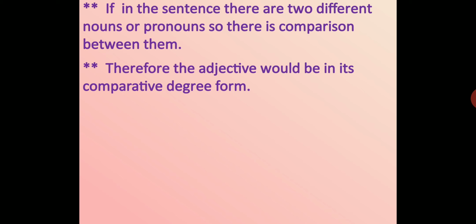Therefore, the adjective would be in its comparative degree form. Whatever adjective is written in this kind of situation would be in its comparative form. Let's see an example for more clarity.